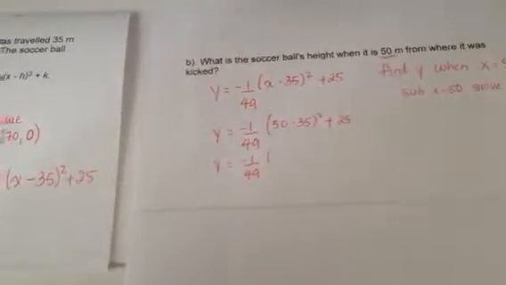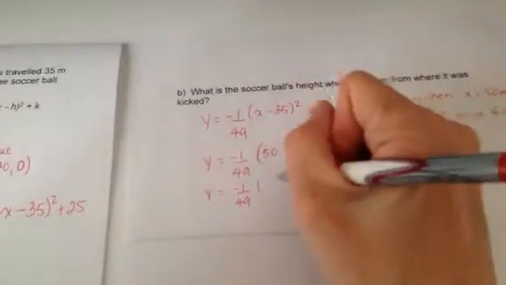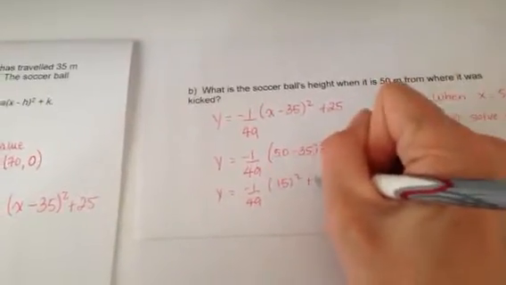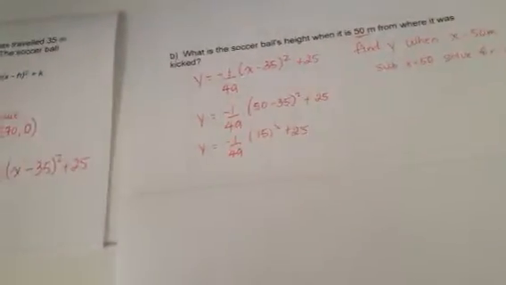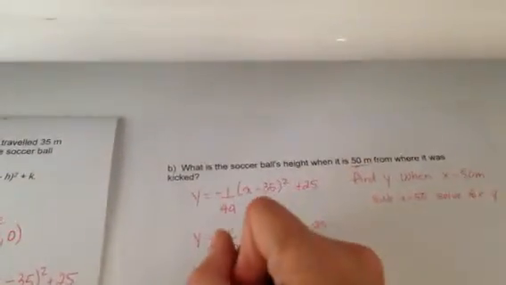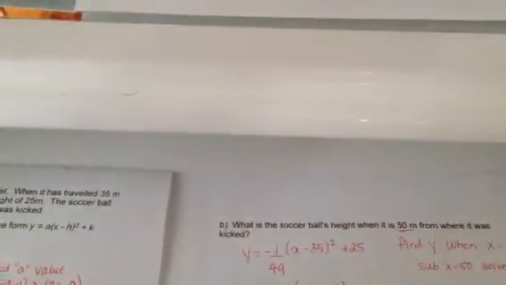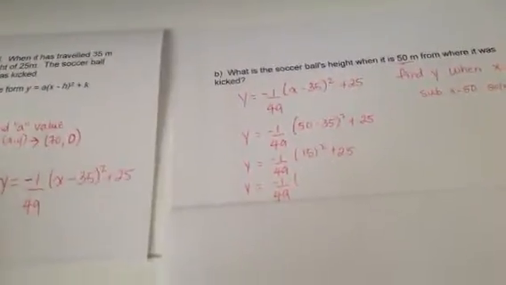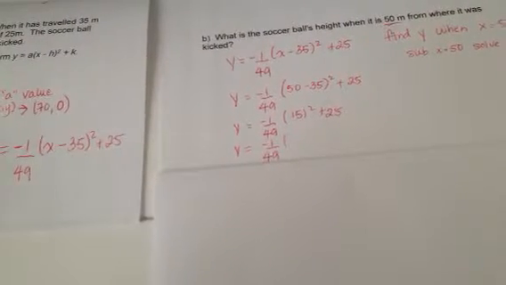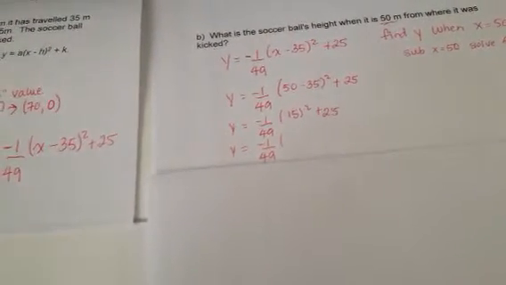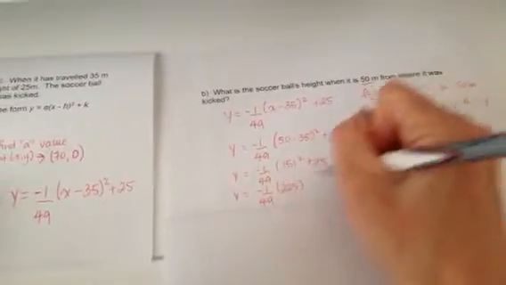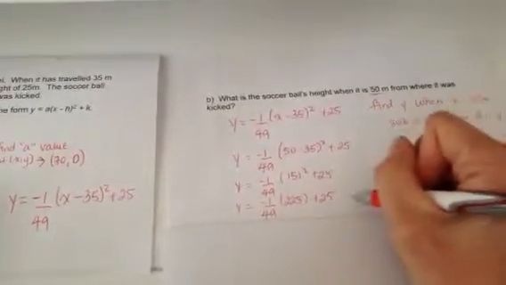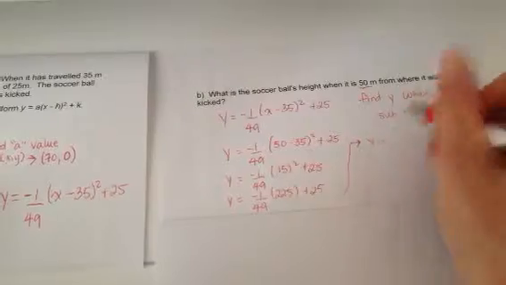So 50 minus 35 is 15 squared, plus 25. So y is equal to negative 1 over 49 times 15 squared plus 25. 15 squared is equal to 225. I'll move my equation up here.